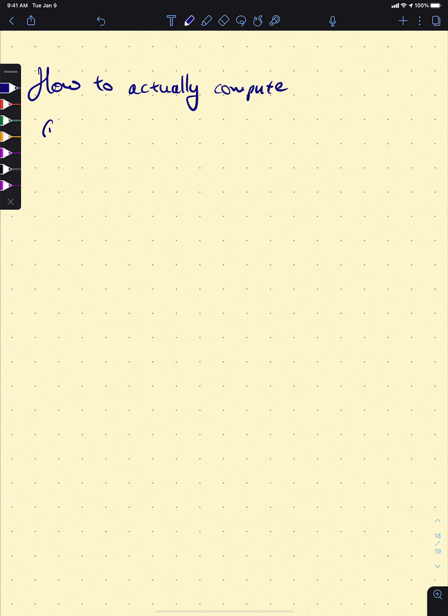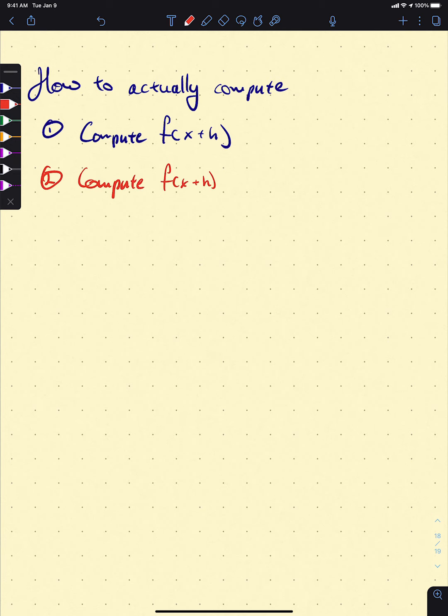Okay, so the four-step version goes like this. First, you compute f of x plus h. And I will color code these for us. Second, you compute f of x plus h minus f of x. Okay?